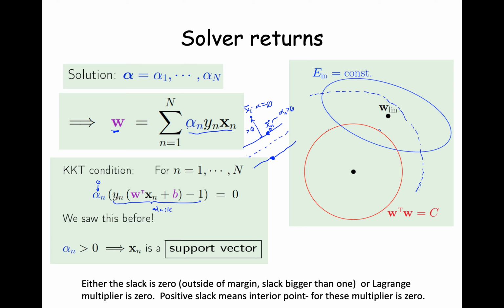And a positive slack corresponds to a so-called interior point, those points that are in the interior regions of feature space and not on the margin for the hyperplane in feature space. So positive slack means you have an interior point, and for these, the multiplier is 0 because they have no bearing on constraining the solution. And it's like having a regularization parameter lambda being equal to 0.